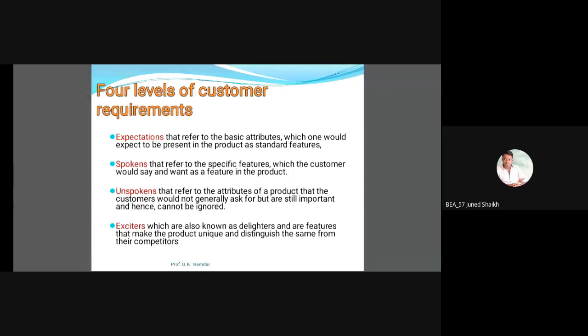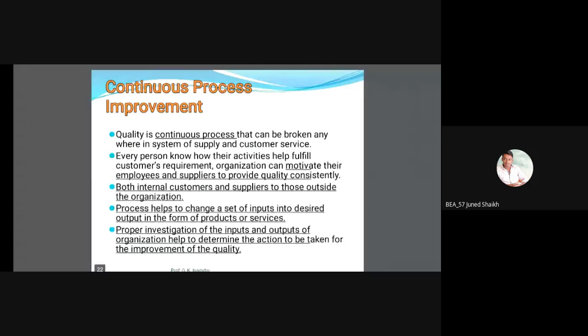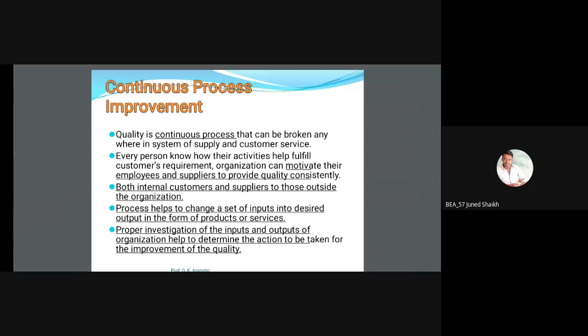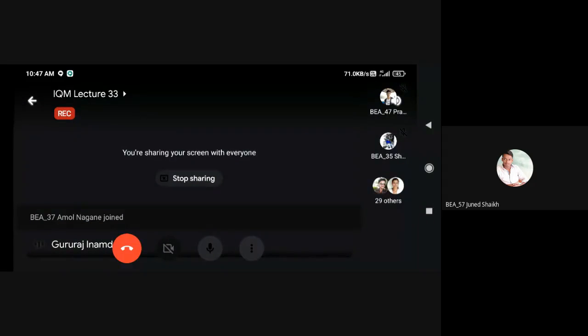Four levels of customer requirement: expectations, spoken, unspoken, and exciters. Already we have discussed that. Next point: continuous process improvement. Always the quality of your product and the quality of your service should be updated and increased day by day.